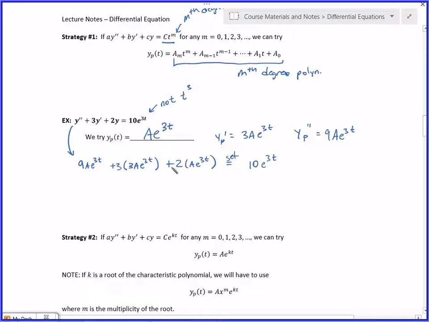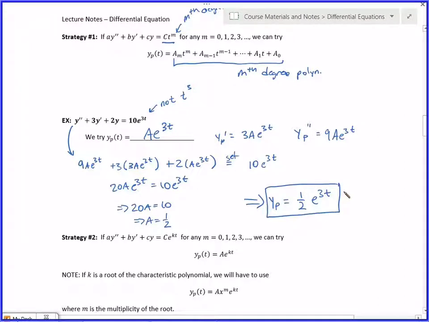So then you just get rid of all the e to the 3t's. 20a equals 10. So a has to be 1 half. I've now solved that uniquely. So I claim y sub p equals 1 half e to the 3t is a particular solution.